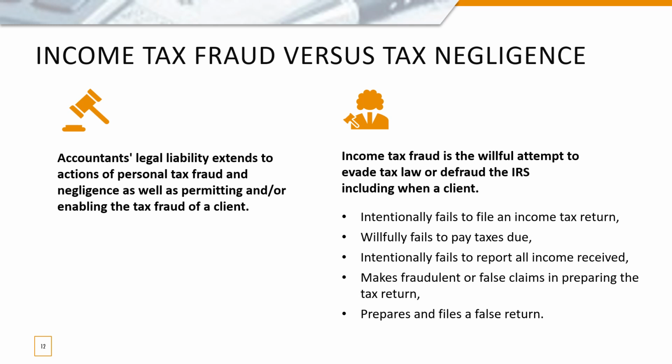Tax fraud occurs when a person or company does any of the following: intentionally fails to file an income tax return, willfully fails to pay taxes due, intentionally fails to report all income received, makes fraudulent or false claims in preparing the tax return, or prepares and files a false tax return.